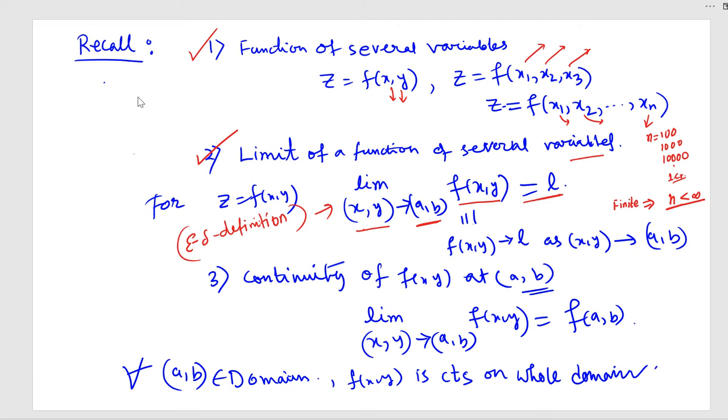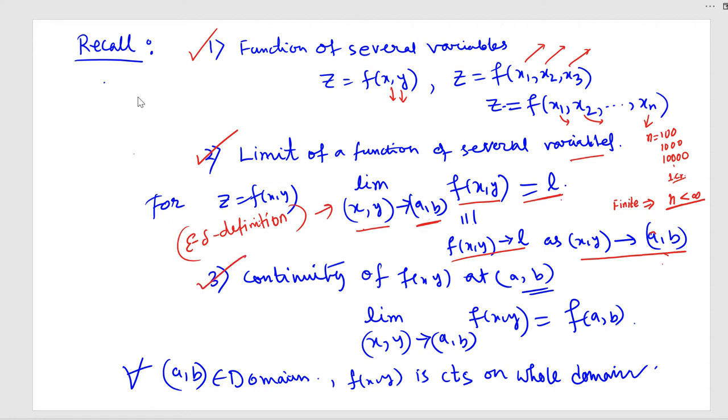The meaning is f(x, y) will approach L as (x, y) approaches that particular point (a, b). So at that point, the limit at (a, b) of this function is L.